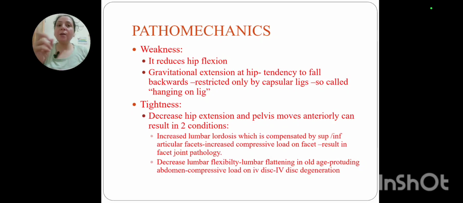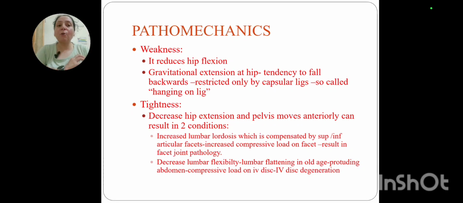Now there is a difference between the two. When there was psoas major weakness, the person had difficulty getting up from a high hip flexion position, or raising up from the car or from the sitting position. But here the problem is that the tendency is to fall backwards.